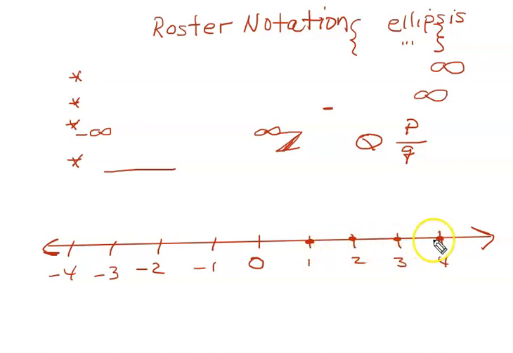These would be the natural or counting numbers. To make them whole numbers, we add a dot here. This is now graphing the set of whole numbers. Now to graph integers, we do the opposites of the whole numbers. And usually to indicate that it goes on, we thicken the arrow, or we sometimes use the ellipsis.